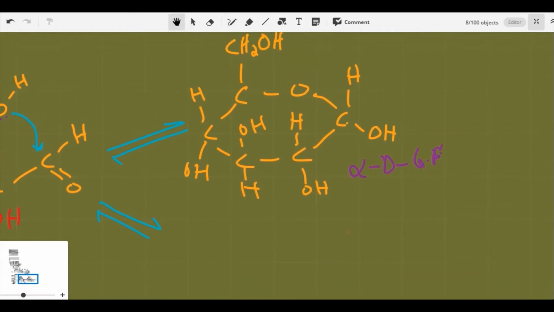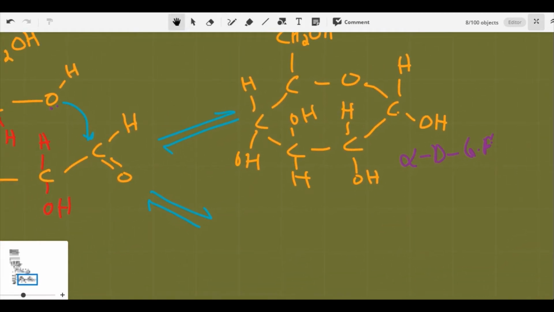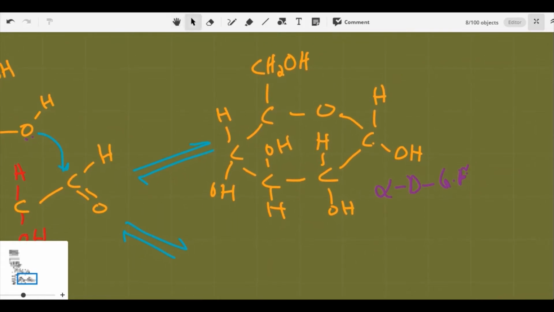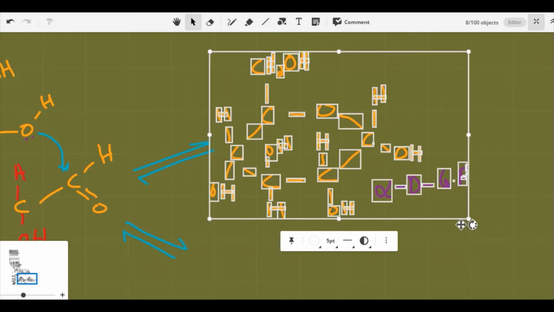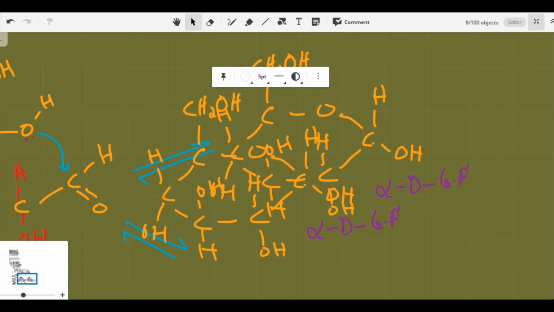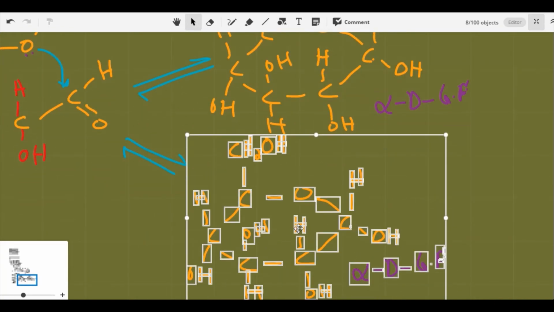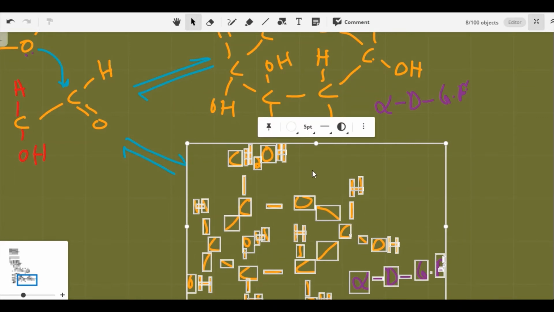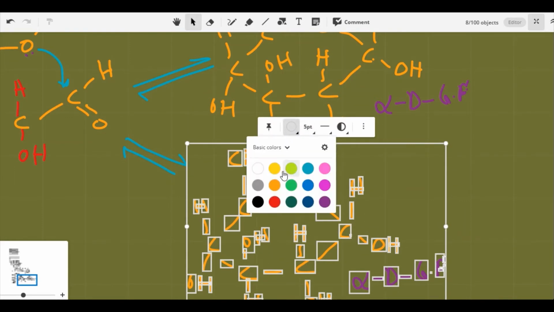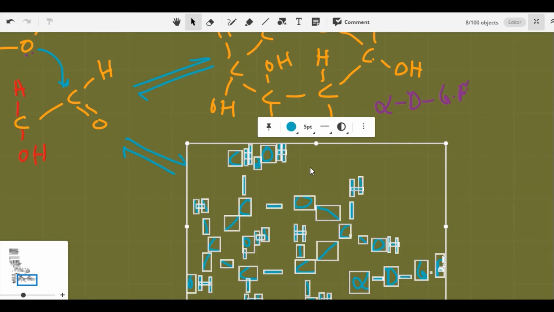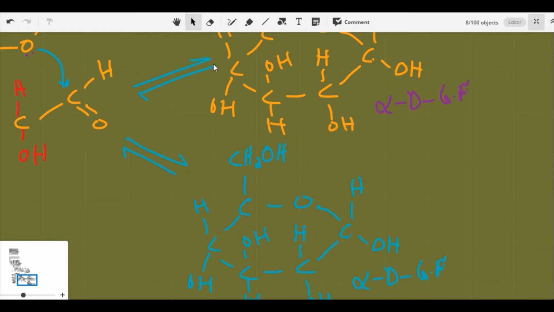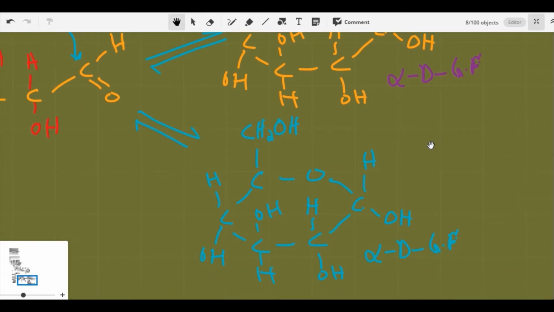Now the next one, the other structure. Let me copy it, and I am going to change the color. Now you can see in this structure there is only the shifting of the hydroxyl group and hydrogen.